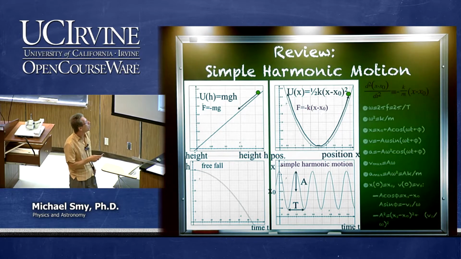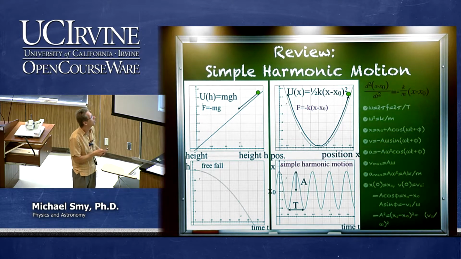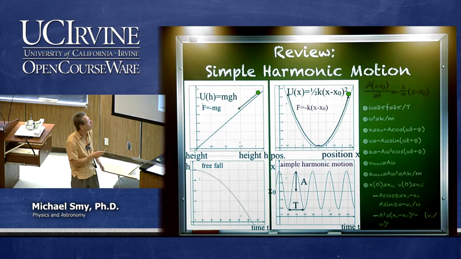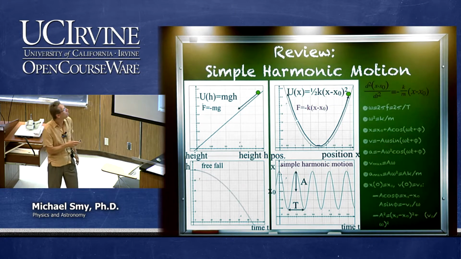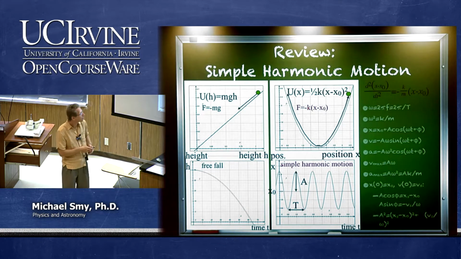For the simple harmonic motion, the force is proportional to the position. That is, I have some equilibrium position x0, which is sitting around here, and the force is then proportional to the deviation from that equilibrium position.